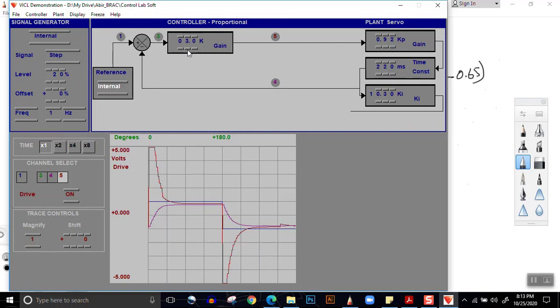If you decrease the value of k, you see there is no flat peak because the drive can take a value lower than 5 volts in order to produce the same result. So drive saturation occurs at higher values of gain, and because of it, the measured result may or may not be equal to the theoretical result that we obtain.